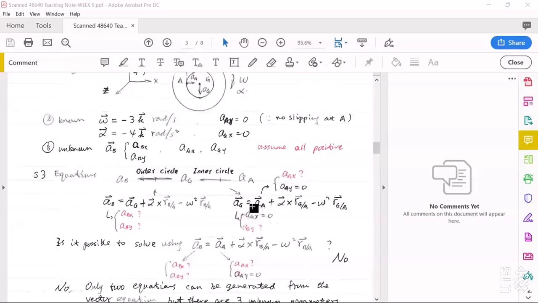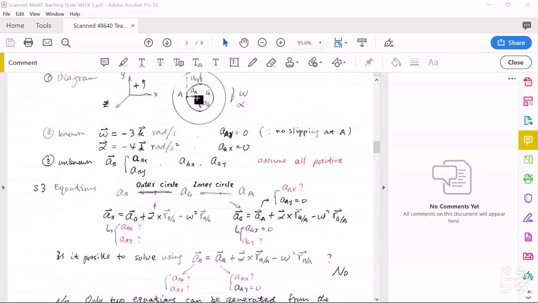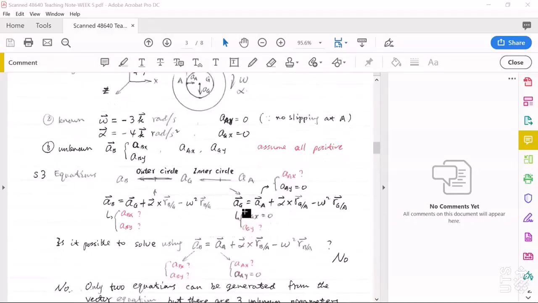And we need another equation, and this equation is about the relationship between AG and AA. In this equation, which is about the inner circle, we don't know AGY, we don't know AAX.